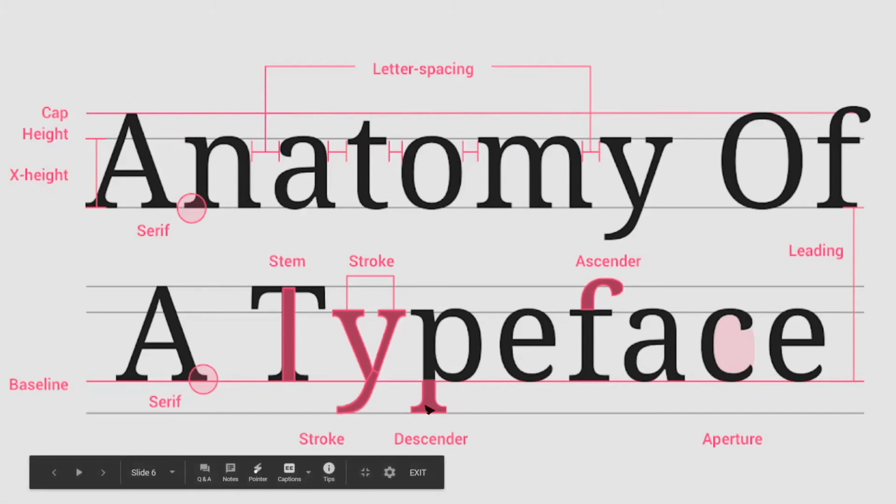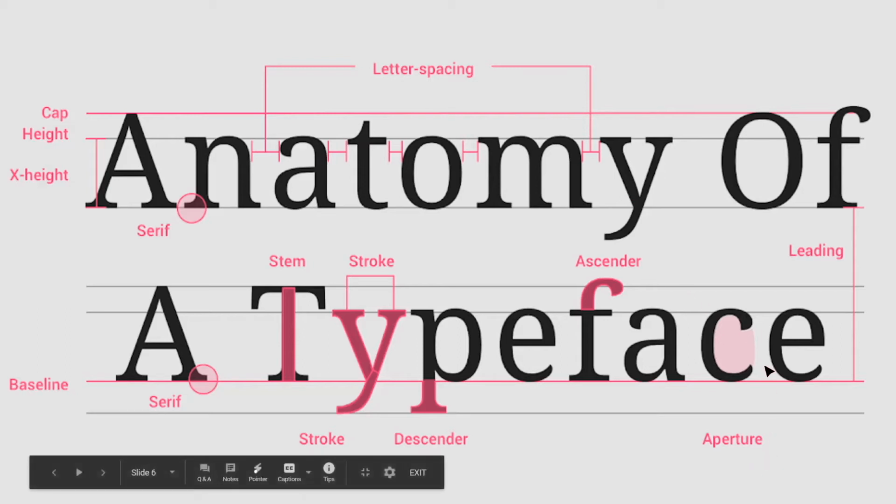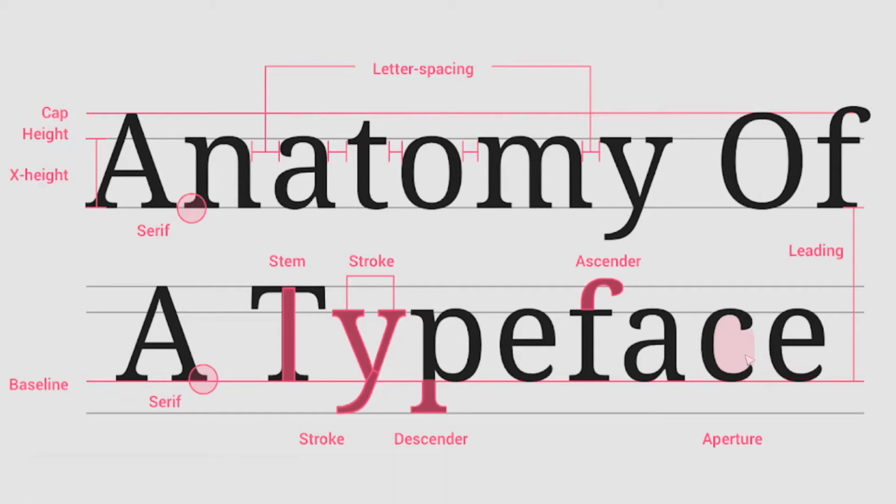The descender is below the baseline, and the ascender is above the baseline, above the uppercase. Aperture is the opening of your letter and the outside space, so it looks like this. And the leading is from one baseline to another.